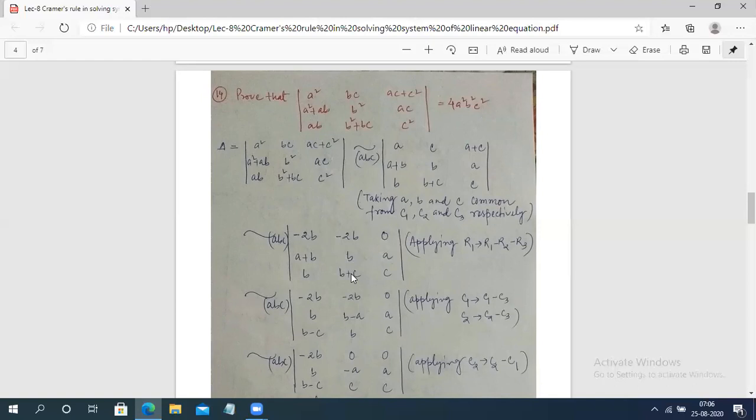Now we are applying this operation, that is C1 is changed into C1 minus C3.